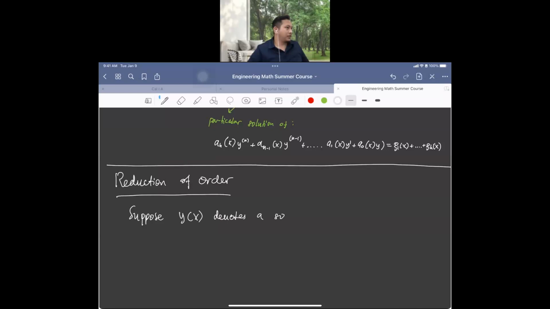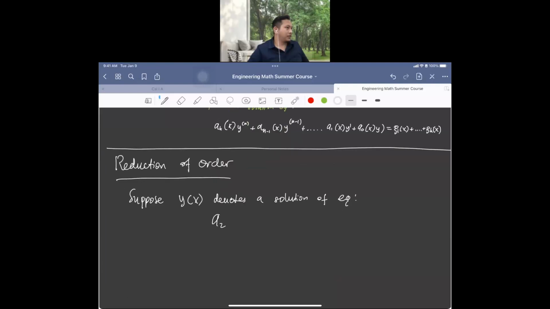Suppose y1 of x denotes a solution of a second order differential equation. Let me write the general form. Let's say we have y1 of x as a solution.